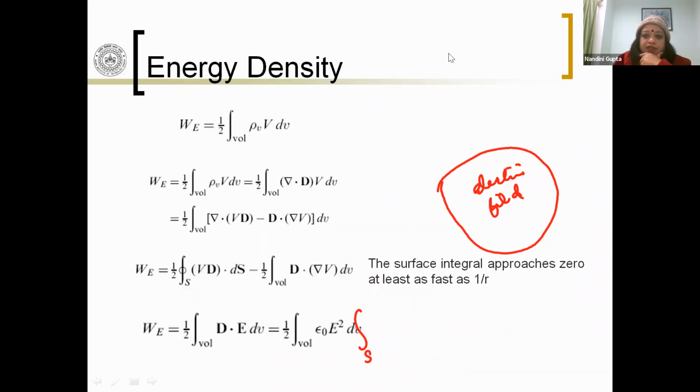Maybe it was not the previous class, but the class before that, doesn't matter. I said that if you consider a surface such that the entire electric field is encompassed, so essentially this is at infinity, then this expression goes to 0. And then I asked you, can you think of a special surface, which is not at infinity, but still this first term goes to 0?